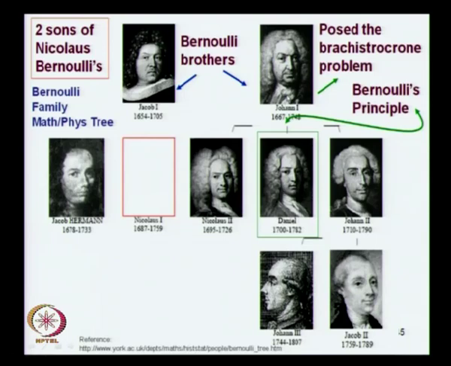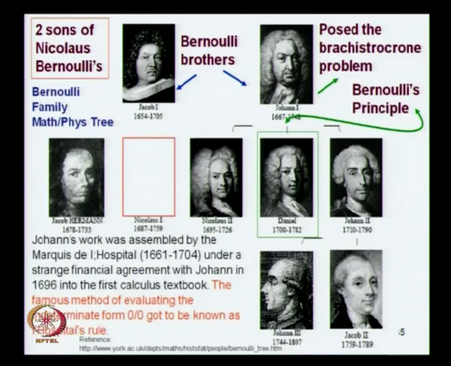Now, Johann I was brilliant not only because he posed the Brachistochrone problem, but he also came up with the rule which we recognize as the L'Hospital's rule, the Marquis de L'Hospital's rule.